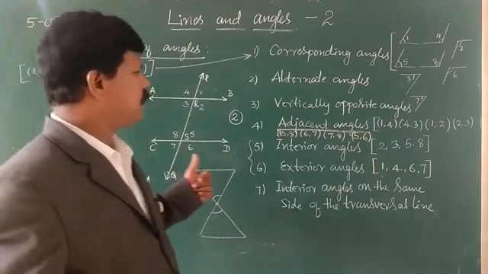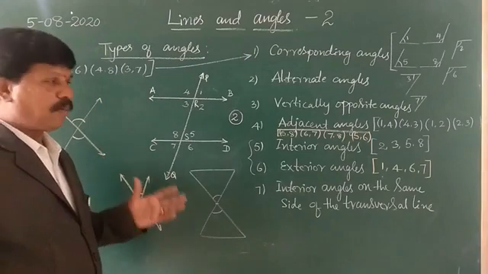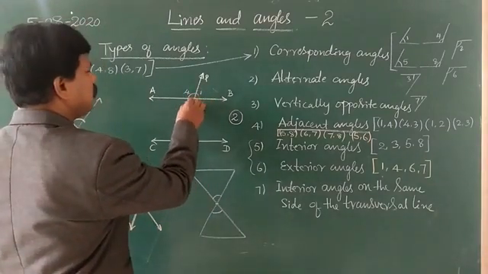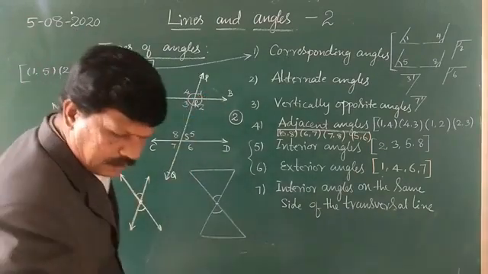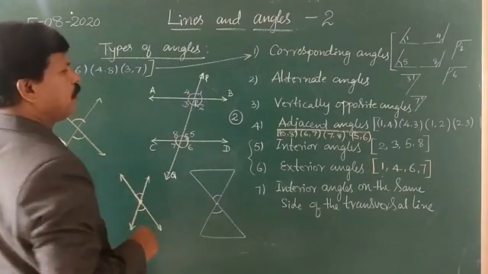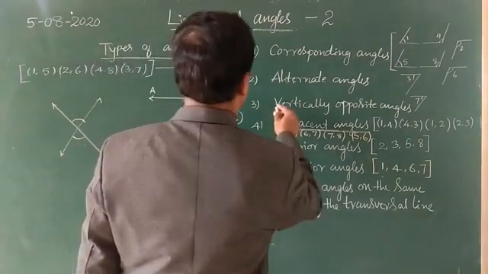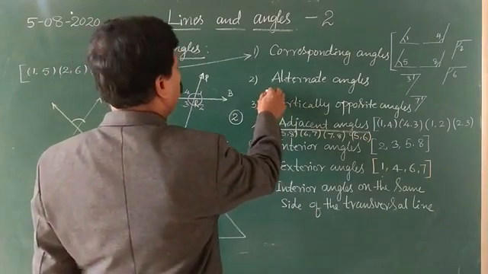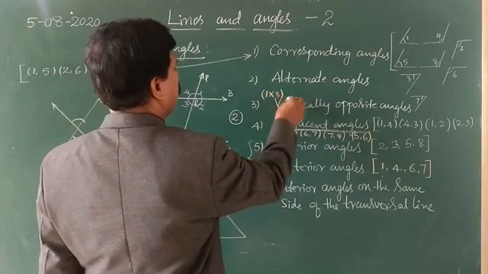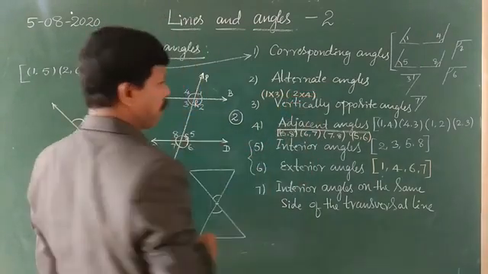Clear? So vertically opposite angles are always equal, and you know the meaning of vertically opposite angles. Now coming to this, here are 4 angles and here are 4 angles. These 4 angles are classified into vertically opposite angles: 1 and 3 is one pair, 2 and 4 is another pair.